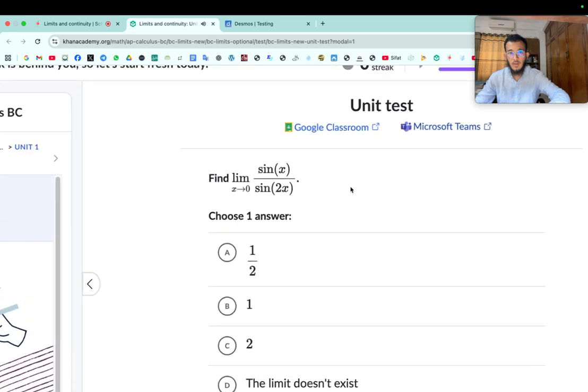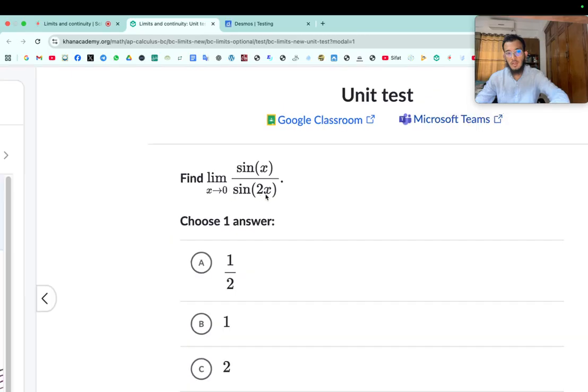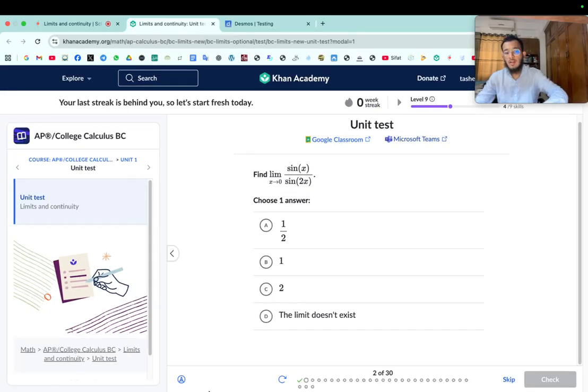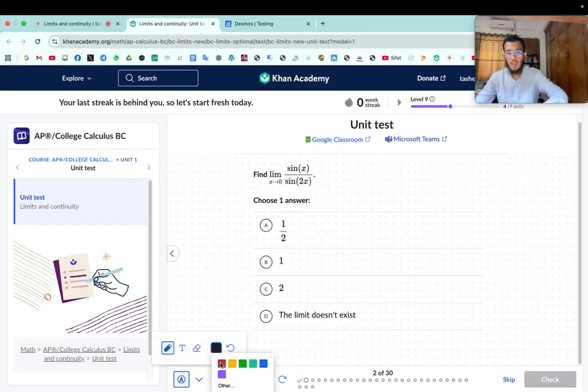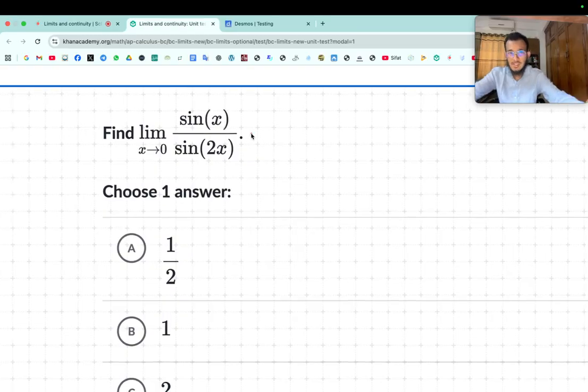Okay, they are asking us to find the limit as x tends to 0 of sine x divided by sine 2x. The problem is if we plug in a value of 0 here, 2 times 0 is 0 and sine 0 becomes undefined. So we actually can't find the limit in this format. So we have to use the laws of trigonometric identities in order to rephrase it in a different way.